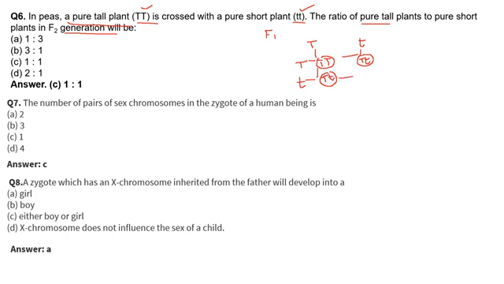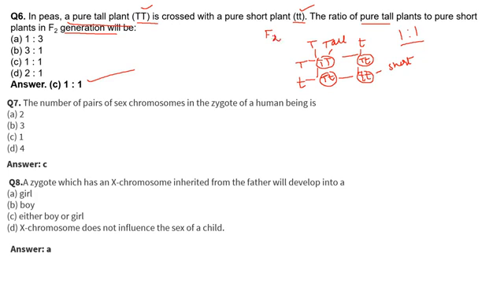And if I cross this T with this T, I am getting the homozygous condition. This is the pure tall plant, we can say, and here we can say pure short plant, right? And as you can see, the ratio is 1:1. So this is important. 1:1 is the ratio of the pure tall plant and the pure short plant. So this is for the F2 generation.